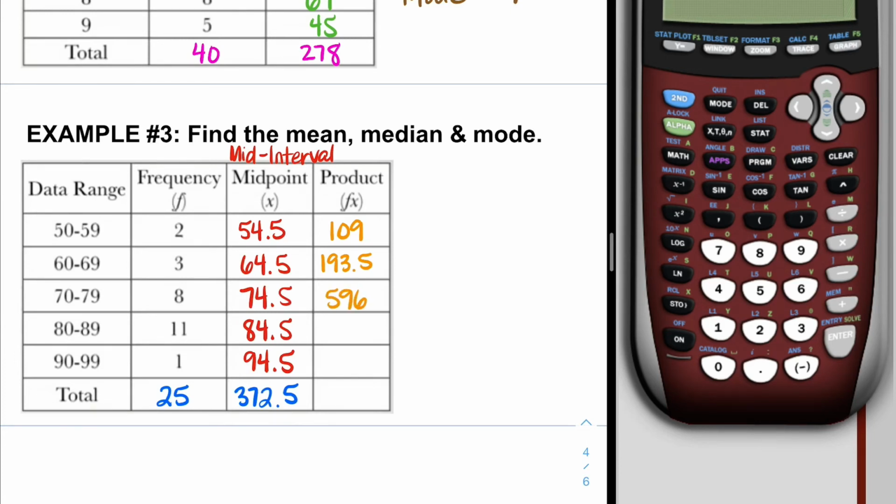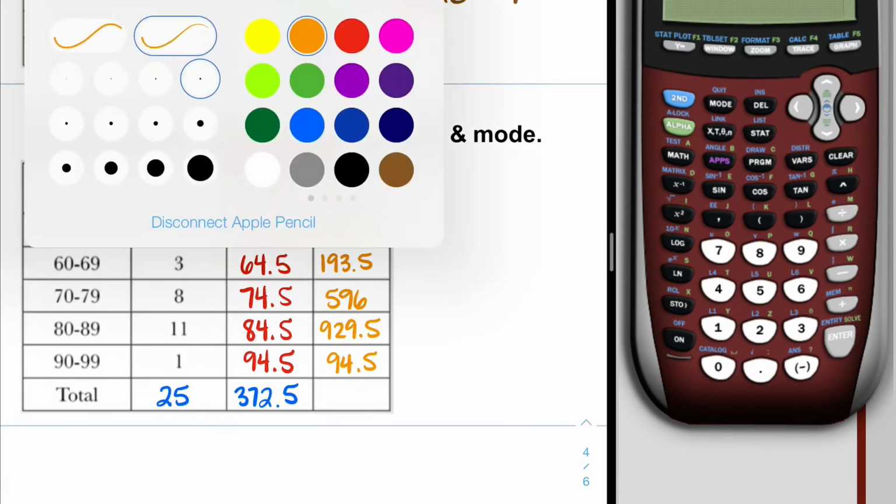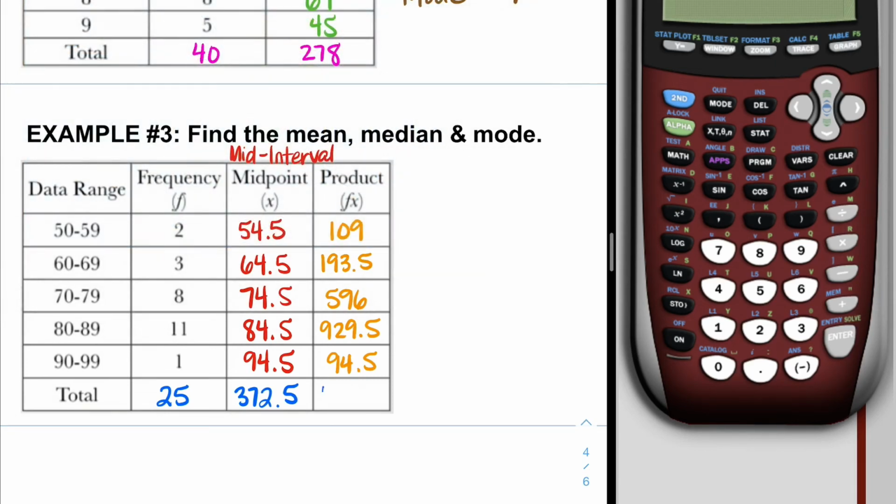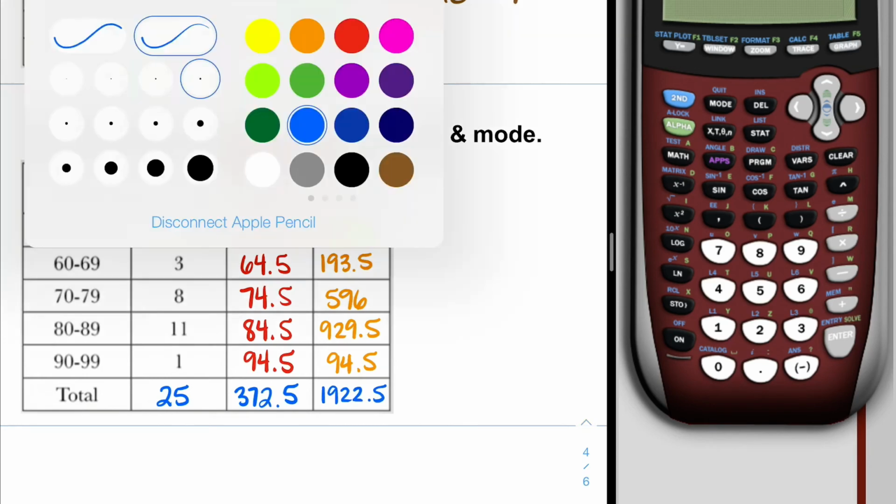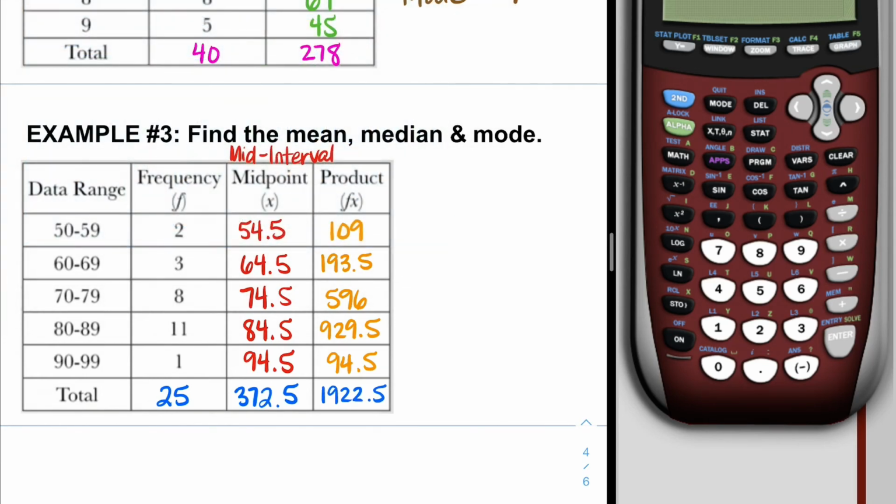Here we get 596. Then we get 929.5. And then we get 94.5, of course. And then if we add them all together, we get 1,922.5. So now let's go find the mean.